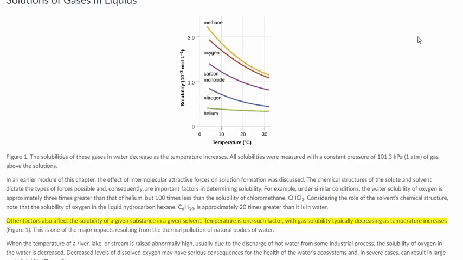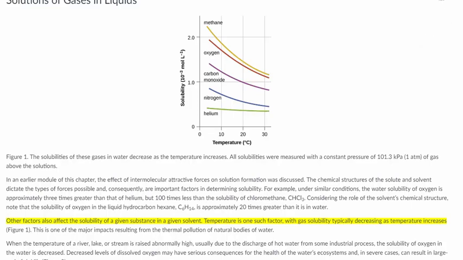As we increase the temperature of the solvent, we increase its solubility when we're talking about solids and liquids, and that's in most cases. Now for gases, as the temperature increases, the solubility of the gas decreases. So if you have an open bottle of soda on a warm day, the gas will escape much faster than if that soda was in the refrigerator.